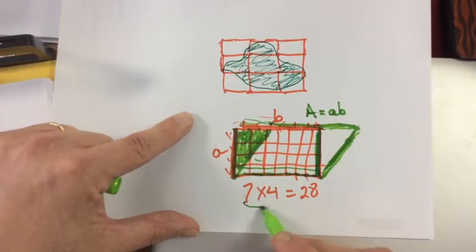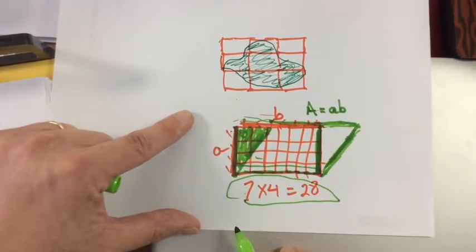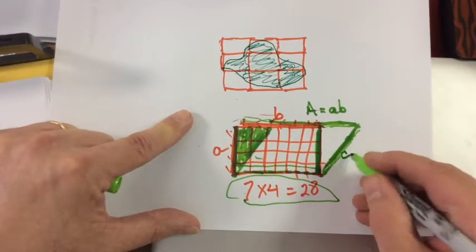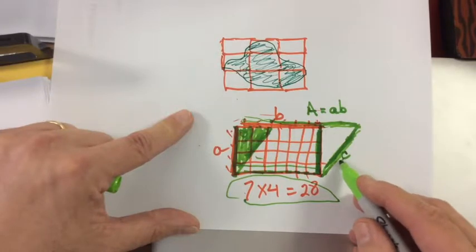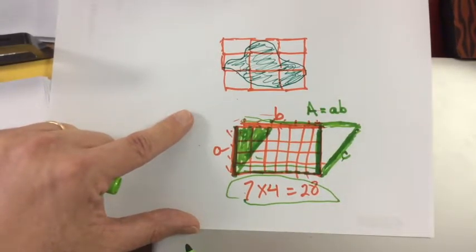And in this case, it would be 28. So it would still have the same area. The trick is not to get confused or thrown off if there's a number over here. This just doesn't fit into the calculation of the area, at least not directly.